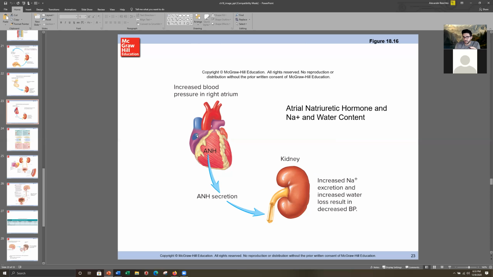So the right atrium can then trigger a response for atrial natriuretic hormone, which then acts on the kidney. What this does is increase sodium excretion and water loss, resulting in a drop in blood pressure. So if we are overall too hydrated or blood pressure goes up, then we can excrete water from our body or excrete extra salts this way.